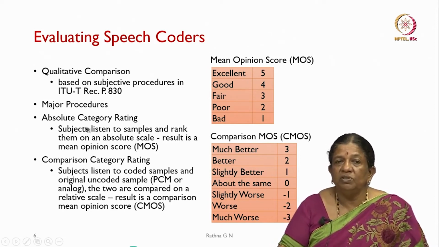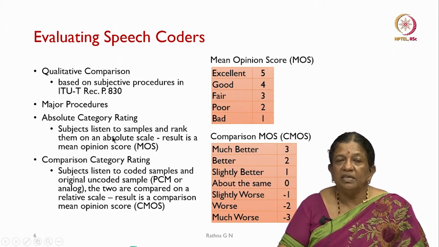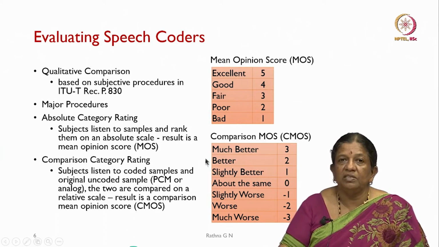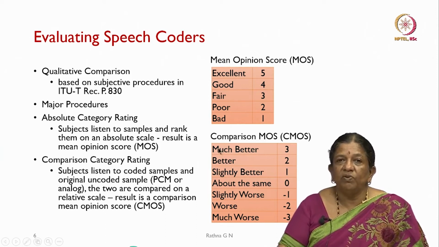But here they have to do the absolute comparison, that is, the original and the synthetic speech that is generated, both of them have to be compared and given a mean opinion score. That is what is called the comparison mean opinion score, CMOS.